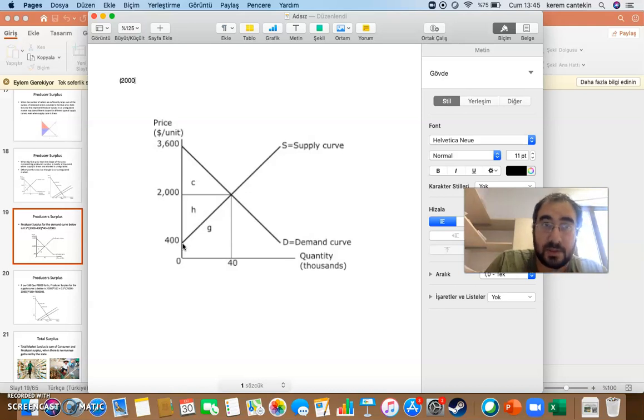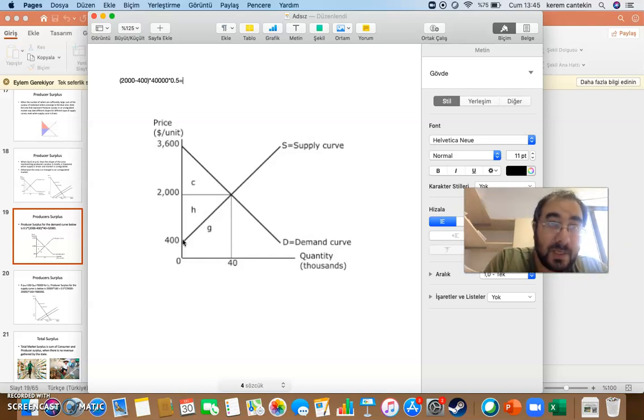So 2000 minus 400 times the equilibrium quantity, which is this side, which is equal to 40,000 times 0.5, since we have a triangle.